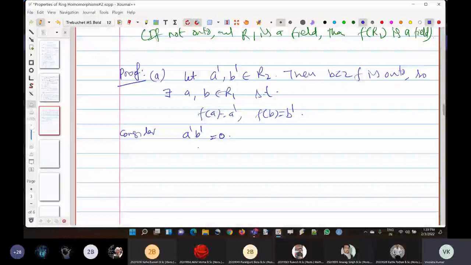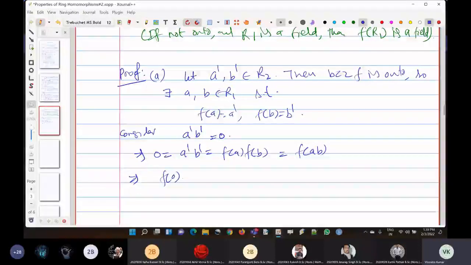So this implies that f of A and f of B, this we can write as f of AB, and of course this is 0. Because f is a homomorphism, 0 is nothing but f of 0. So this is equal to f of AB, like this.